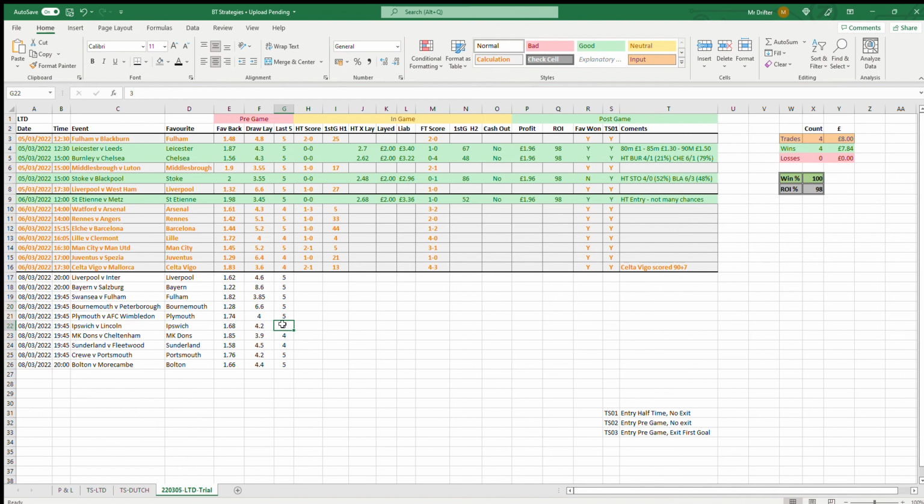So you can see there 3, that may be a dodgy one. If we look at that one, going back to Ipswich, the favourites against Lincoln, I've only got a 3 in there, so they've obviously had 2 nil-nils. So if I go down to Ipswich League 1, you can see Ipswich here, click on stats.